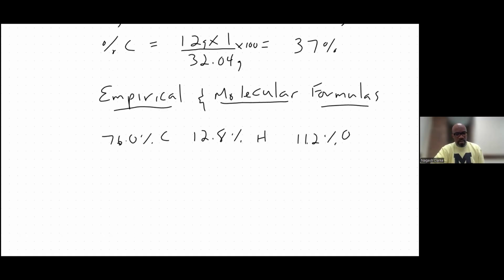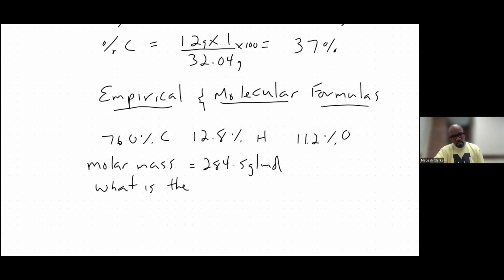The compound contains carbon, hydrogen, and oxygen, and it was found that the molar mass, which we can find without even knowing what the compound is, is equal to 284 grams per mole. What are the empirical and molecular formulas?